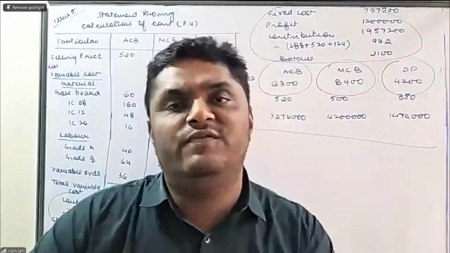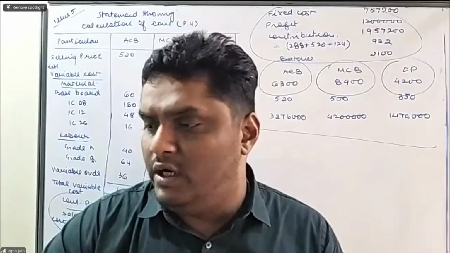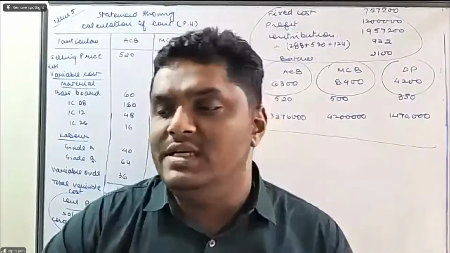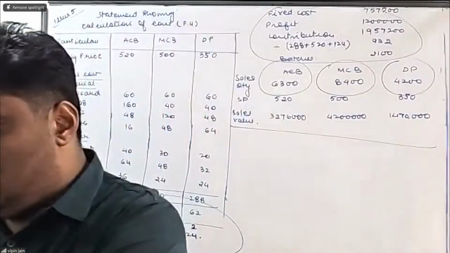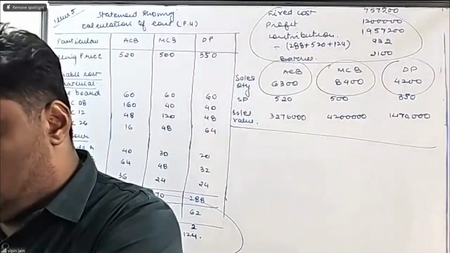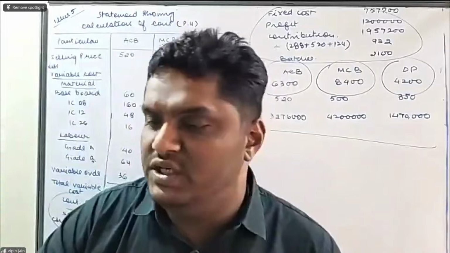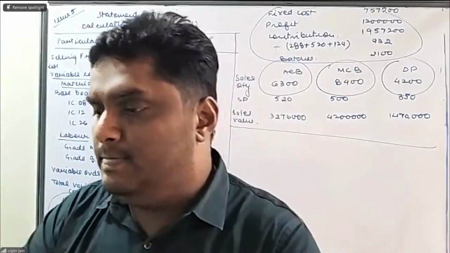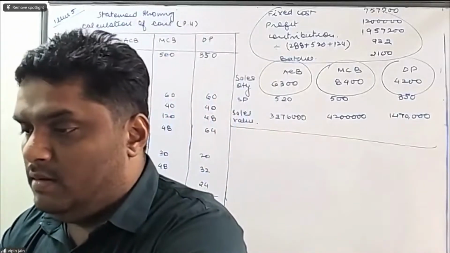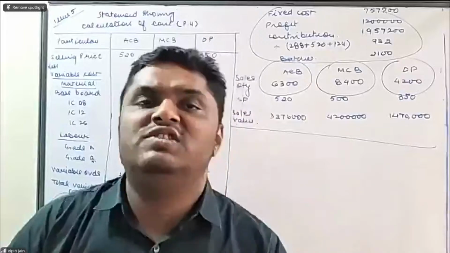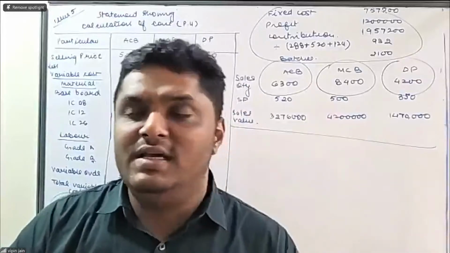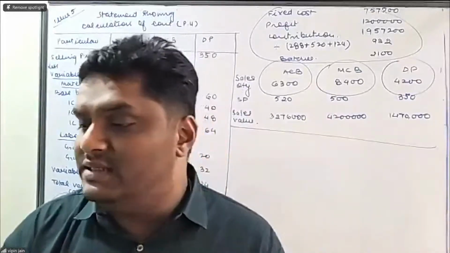So with the help of these figures, we can easily calculate the sales quantity. So that was the twist in this question. The sales mix ratio 3:4:2 is given in the question, and this concept is just mathematics. Still, I have discussed this concept in the last session of marginal costing.